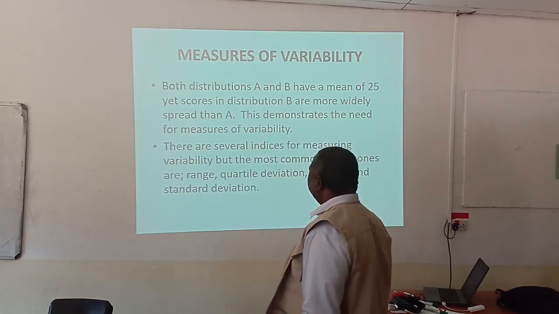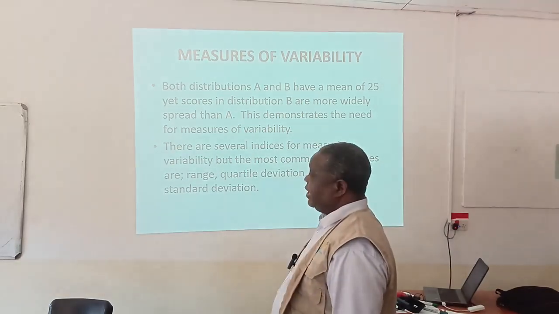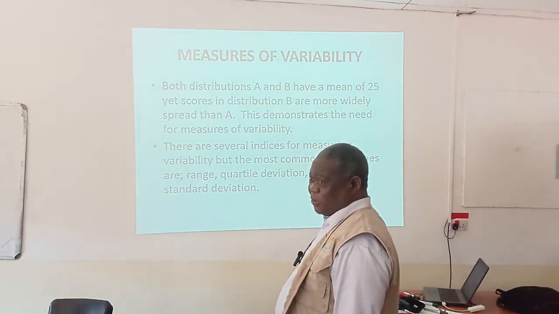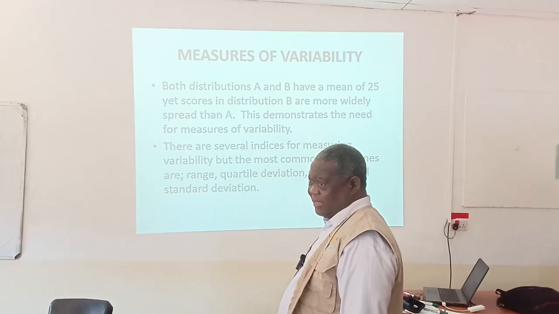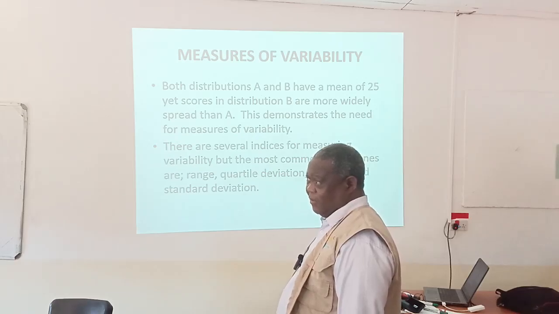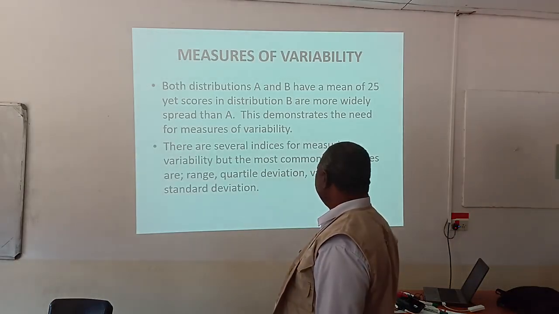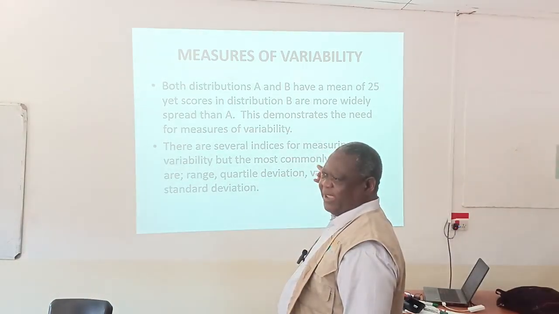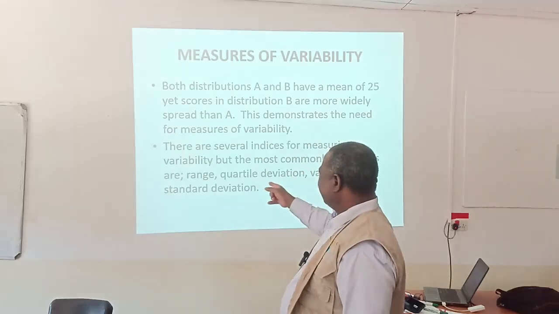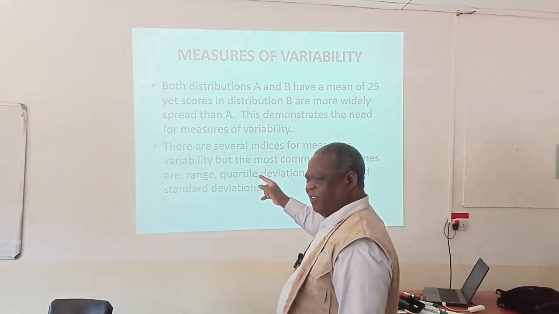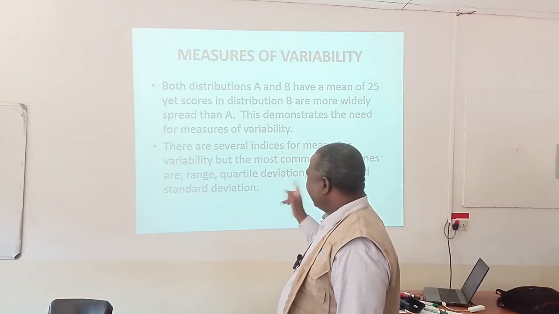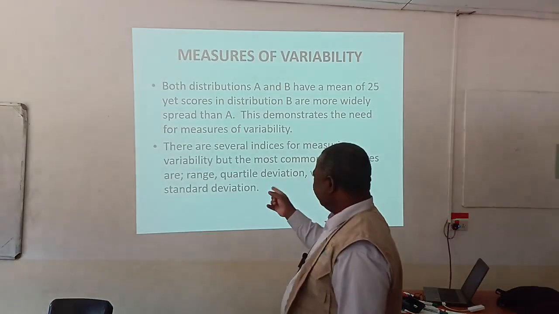Now, when you are talking about the measures of variability, there are also several measures you can use for assessing variability in the distribution. One is the one I was using in my example, range. The difference between the highest and the lowest score is referred to as a range.